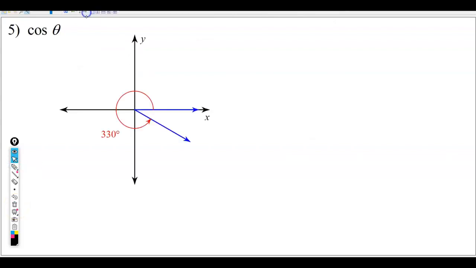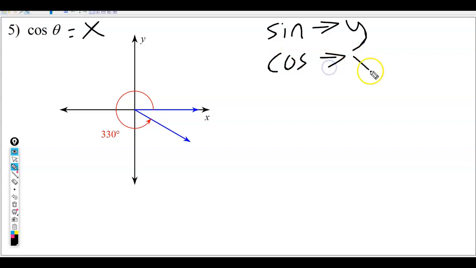All right, moving along here. So this problem here is asking me to find cosine of this angle here, which is 330 degrees. Now we talked about in class how sine is y, cosine is x, and tangent is y over x and all that sort of stuff.